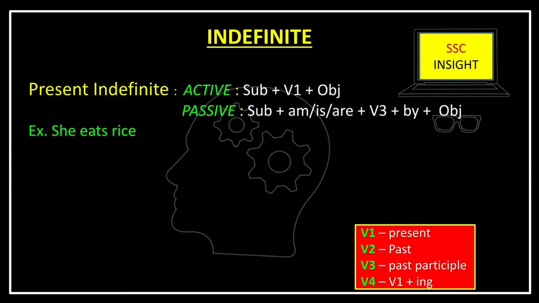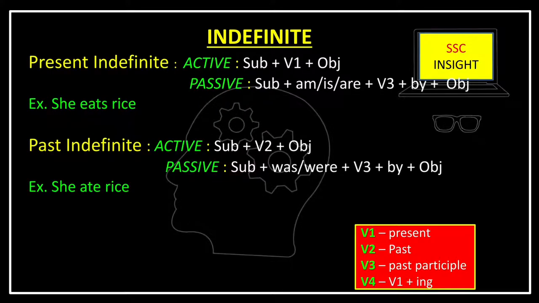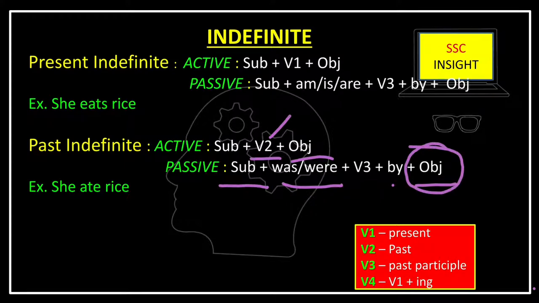Next one is past indefinite. In case of past indefinite, the active form will be subject plus past form of the verb plus object, and the passive form will be subject, which is actually the objective case, plus was or were, that is the auxiliary verb, plus past participle of the given verb, plus by, plus object, which is actually the subjective case.